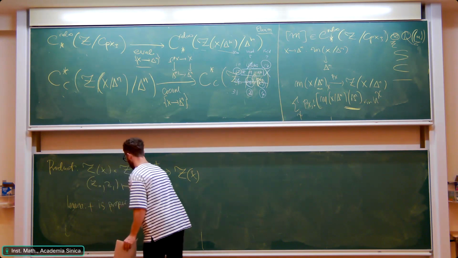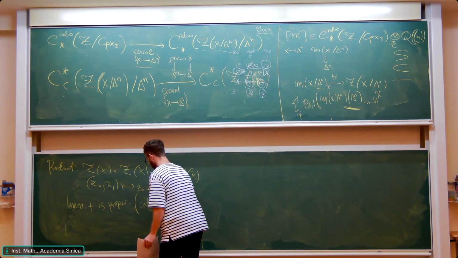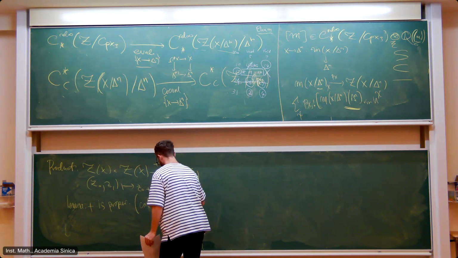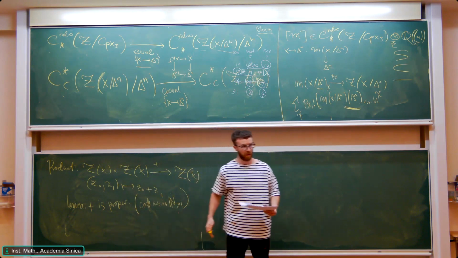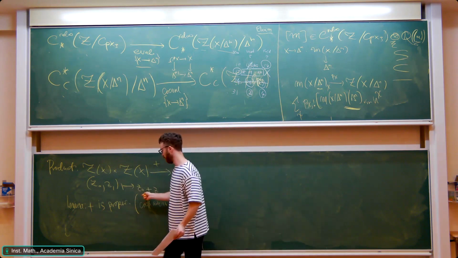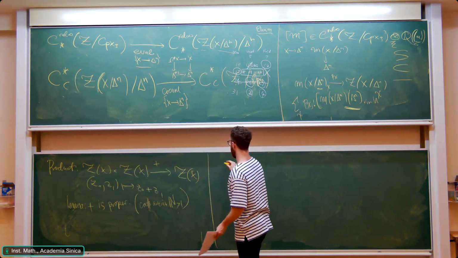Remember the coefficients, n greater than or equal to 1. It would be reasonable that this is proper, since it just takes the combination of two cycles into a cycle. So that's fine.